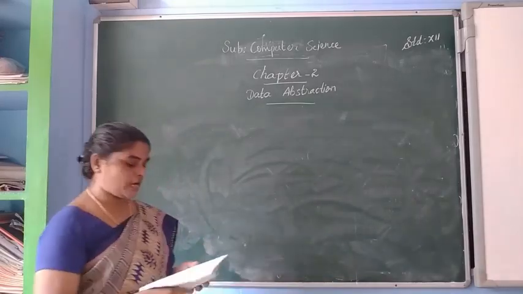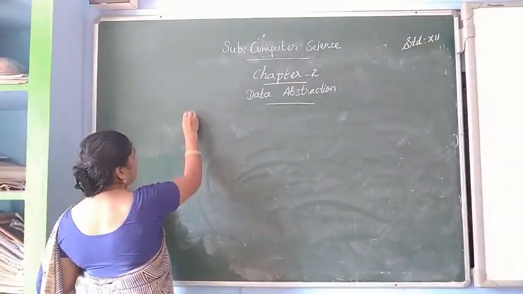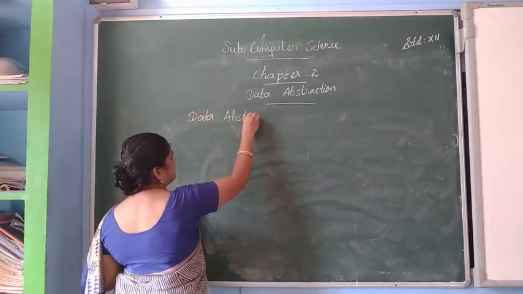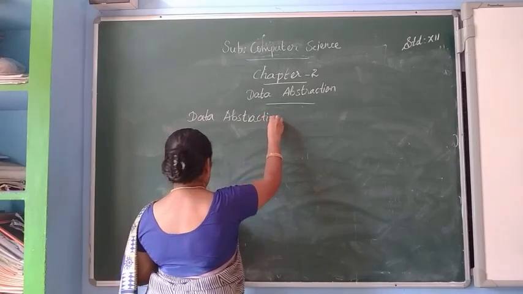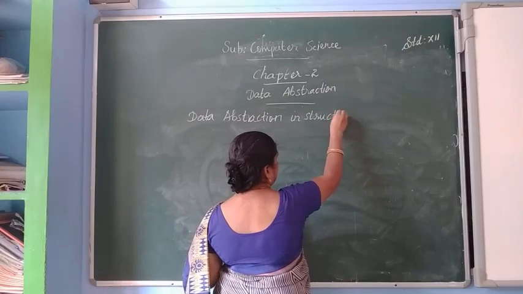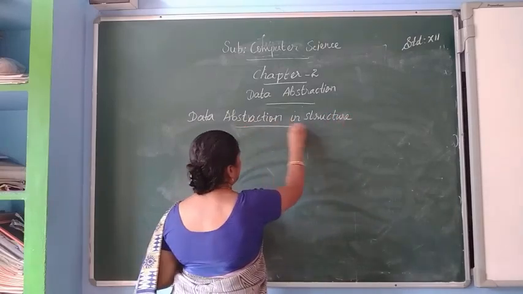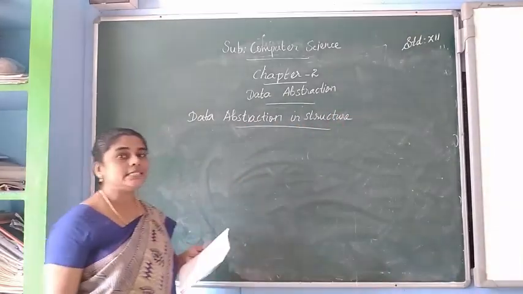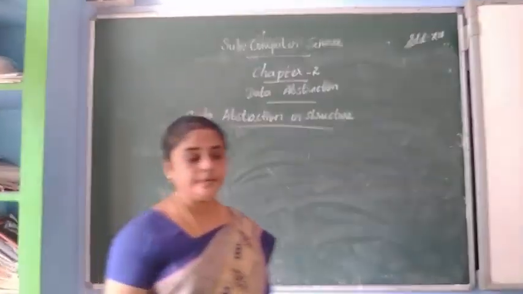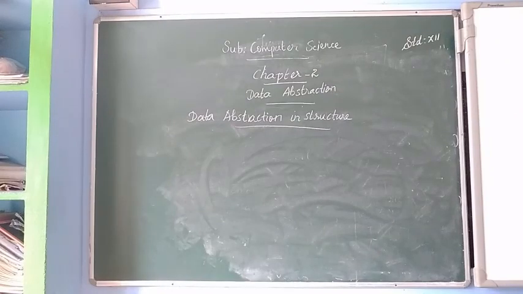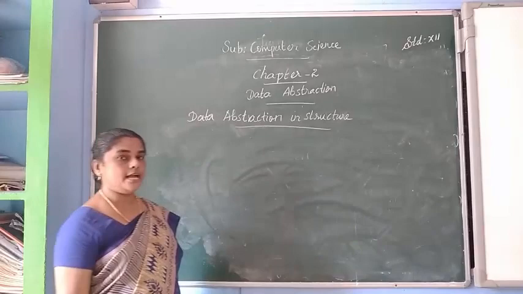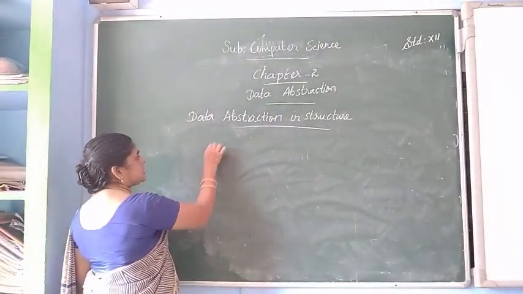See, so next we are going to study about data abstraction in structure. Data abstraction in structure. See, in C++ we have studied about structure. In C language, the structure is there.